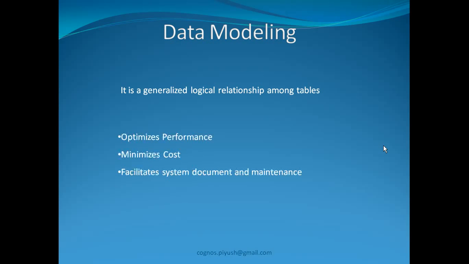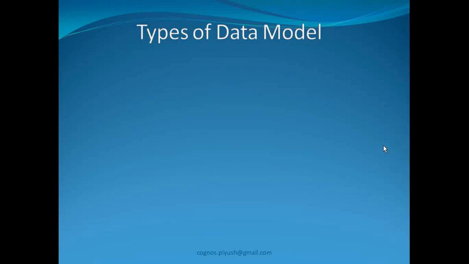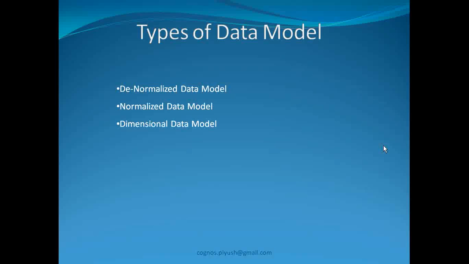It optimizes performance, minimizes cost, and facilitates system documentation and maintenance. So what are the types of data model which we actually use in a data warehouse? There are basically three types: denormalized data model, normalized data model, and dimensional data model.